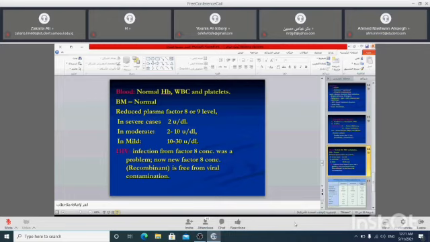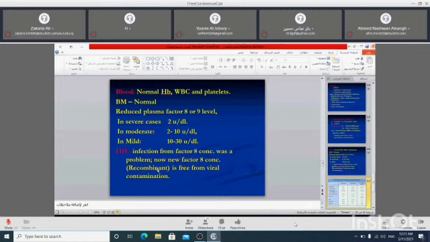Nowadays, the factor 8 concentrate prepared as a recombinant صناعي, and it is free from viral infection but had certain complications. المريض ممكن يصير عنده antibodies للفاكتور الصناعي المصنع. فكل مادة لها الكومبليكيشن بها.